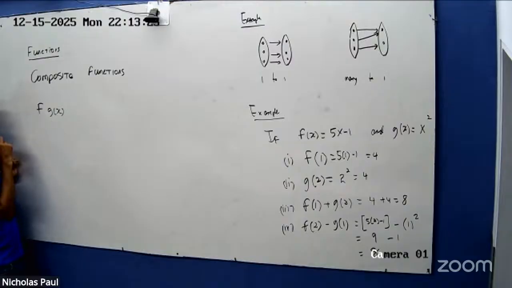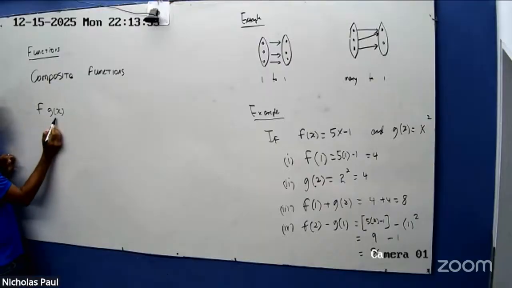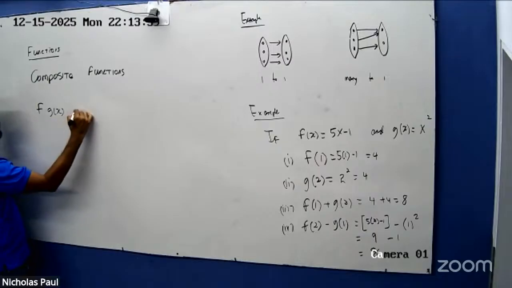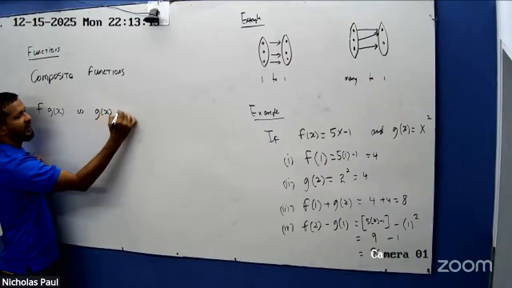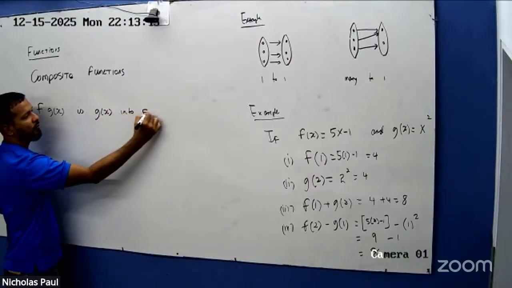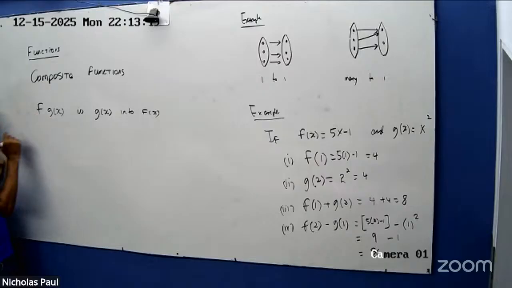For example, f of g of x is g of x into f of x. So we're substituting g of x into f of x.